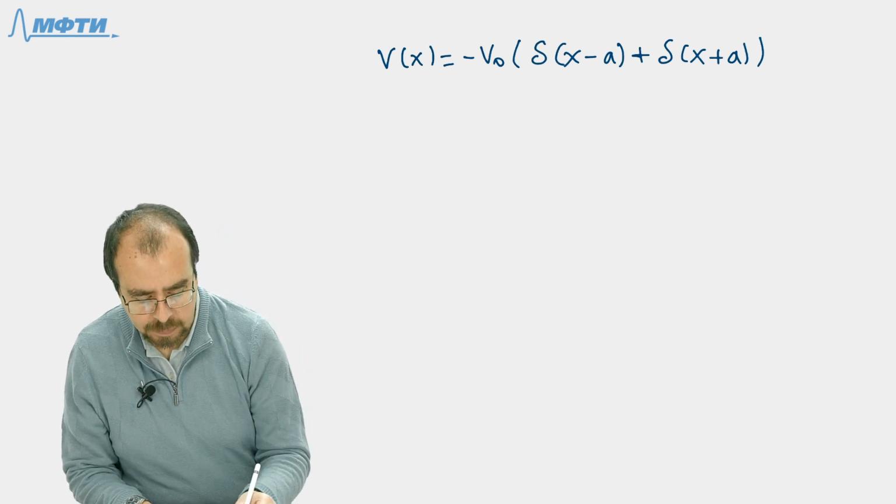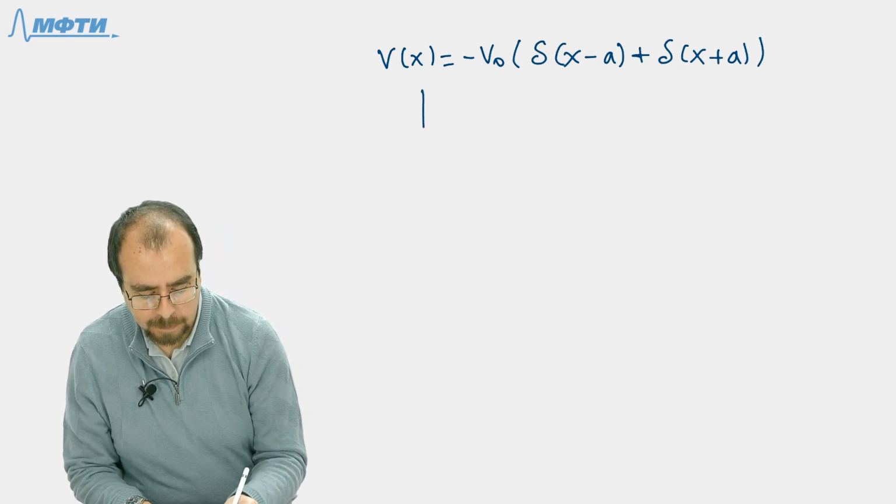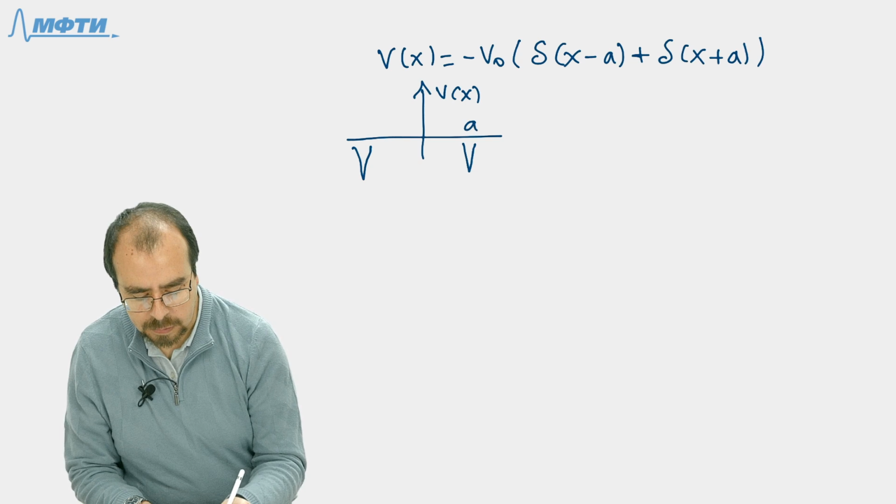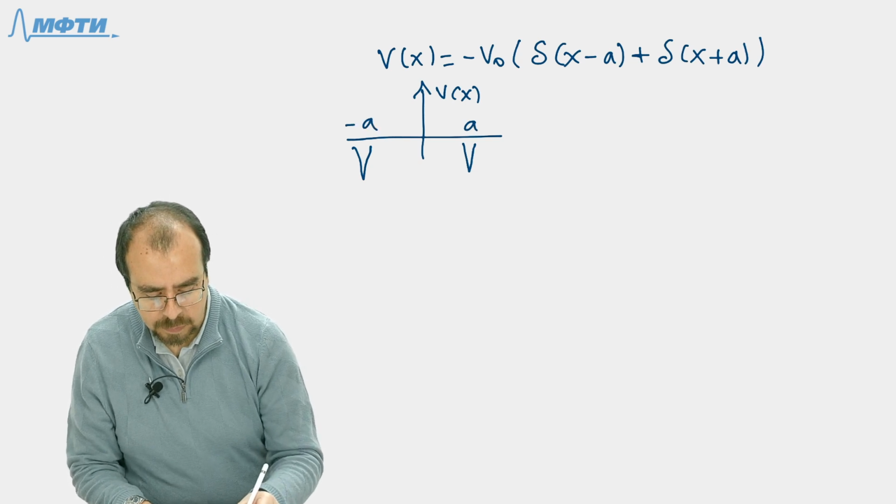So in principle, if we plot this potential V of x in terms of x, we will have two delta potentials at +a and at -a.